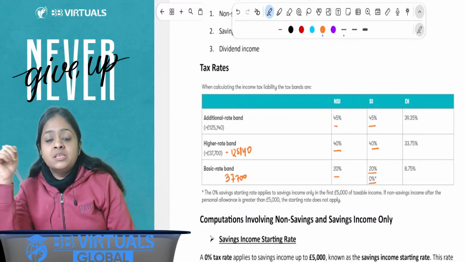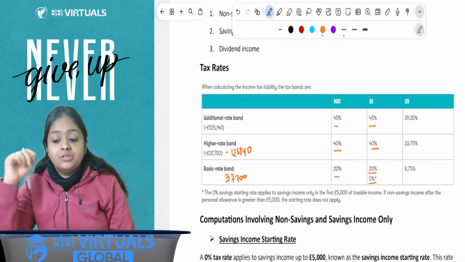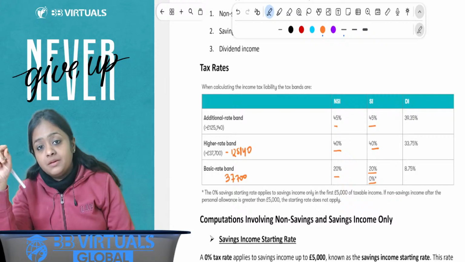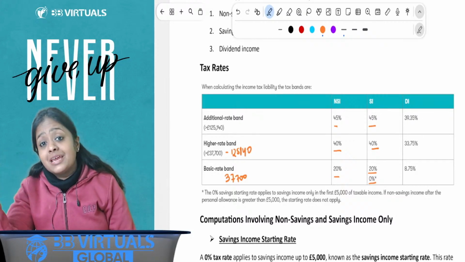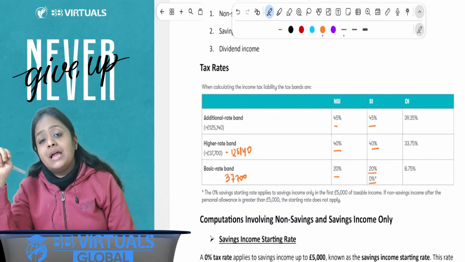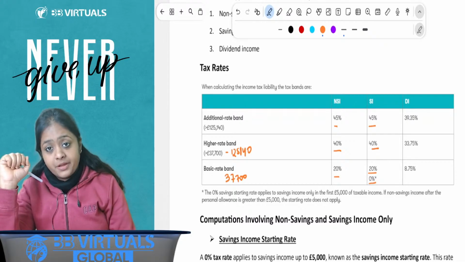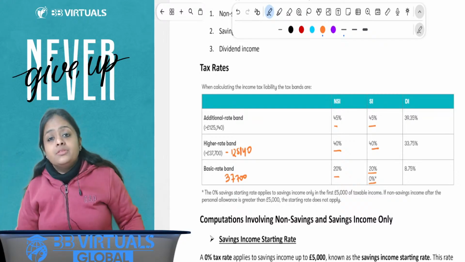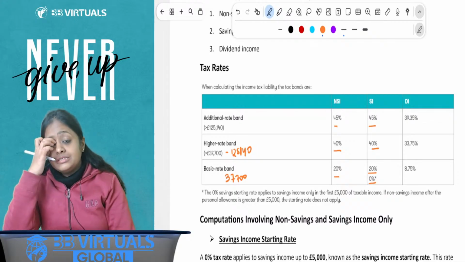If it extends up to the higher rate category, meaning the maximum rate applicable is the higher rate band, then the tax rate applicable is 40%. If it extends even further to the additional rate band, then the taxpayer is an additional rate taxpayer at 45%. Why do I need this category? Because when we establish the savings nil rate band, that is the second nil rate band, I need to see this category.